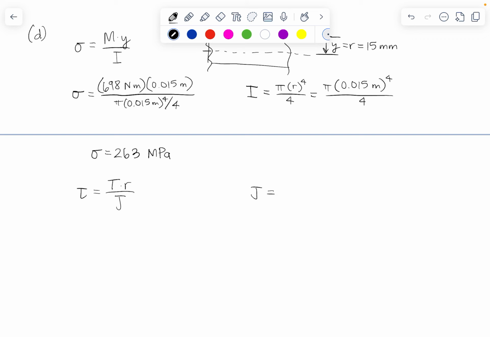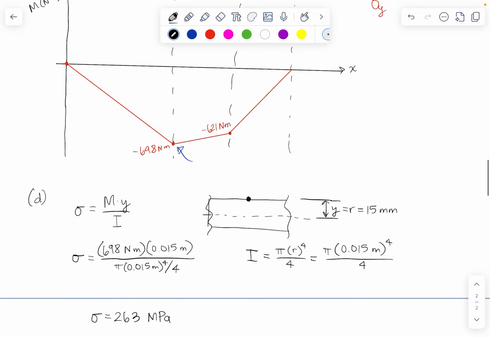For a solid circular shaft, it's going to be pi r to the 4th over 2, so just twice I. And then we're going to plug in our value for torque, and let's look at what kind of torque we have acting at this point.